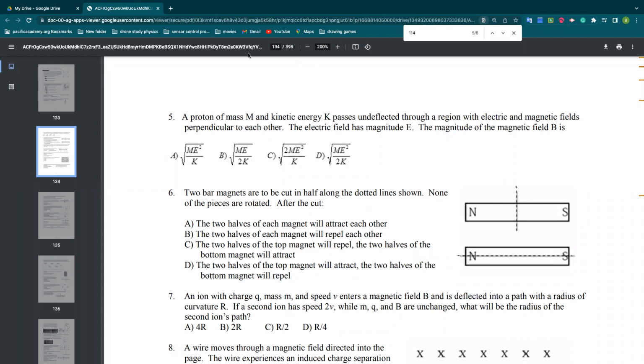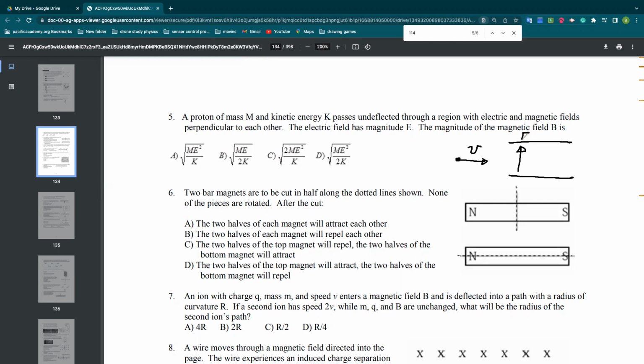So for this problem, you can draw a proton which is moving with velocity v going this way. And let's say we enter an area that has an electric field that's going up.